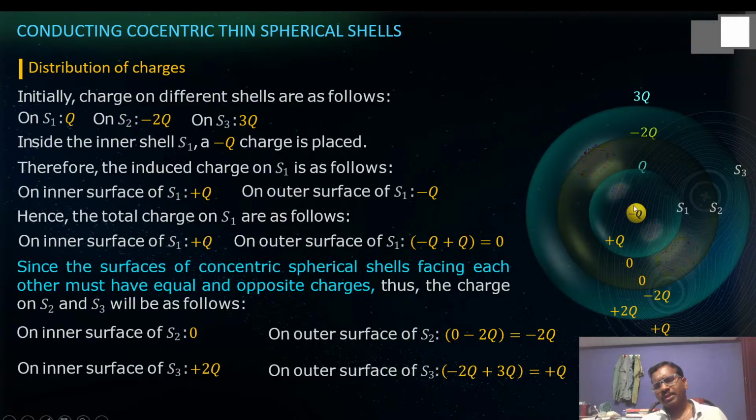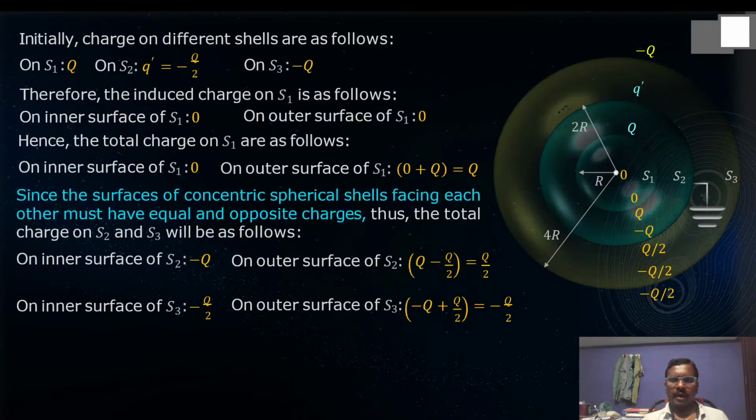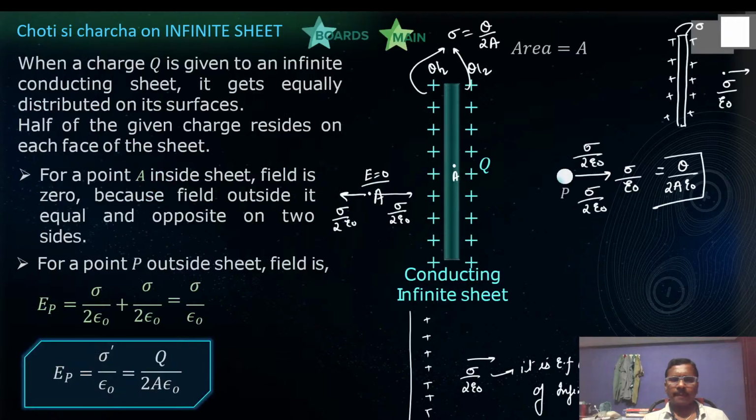This is the outer surface, this is the inner surface. This is somewhat complicated. We will discuss this type of question last. Let us go as usual. This is our method.